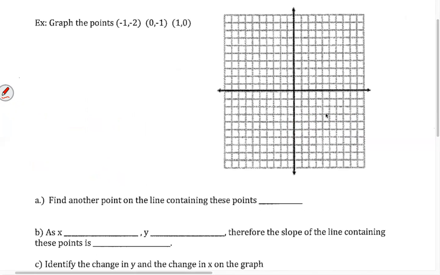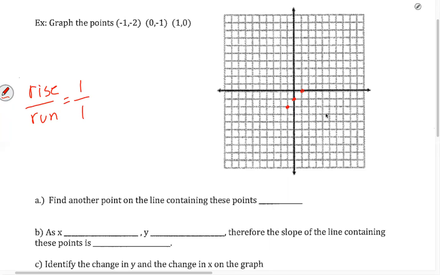Well, let's look at this. It was (-1, -2), and it was (0, -1), and (1, 0). And we had this set of directions. We had the rise over the run, which was 1 over 1. And they're both positive. And this is where it's getting at.